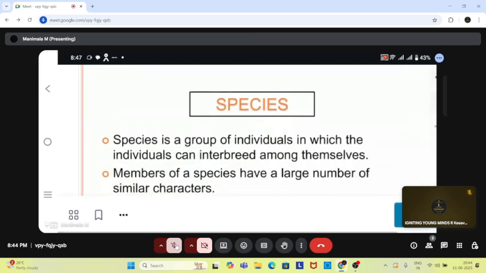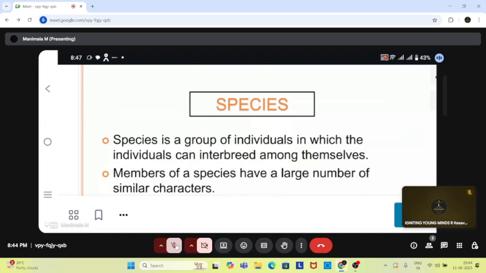So first, the species. The first one is species. It is the main, fundamental one in arranging the taxonomic categories.